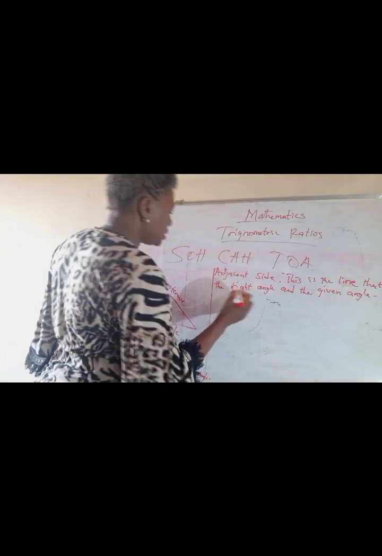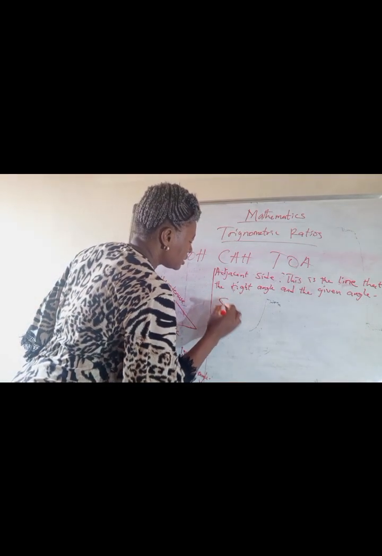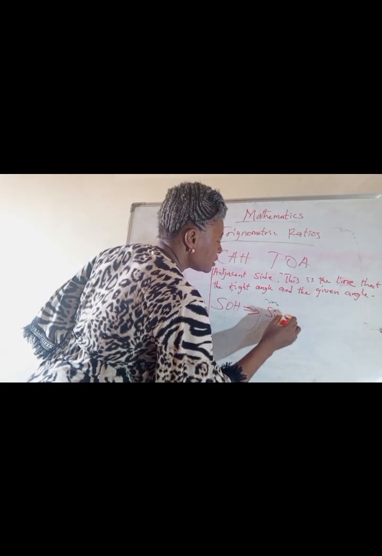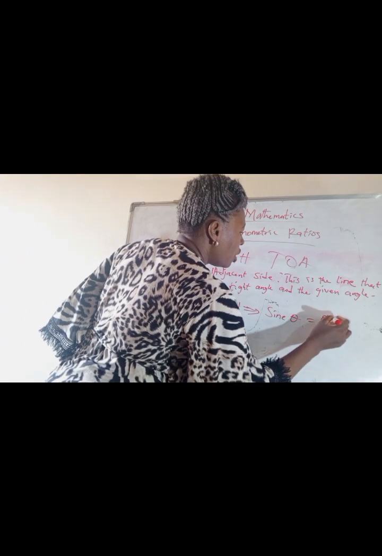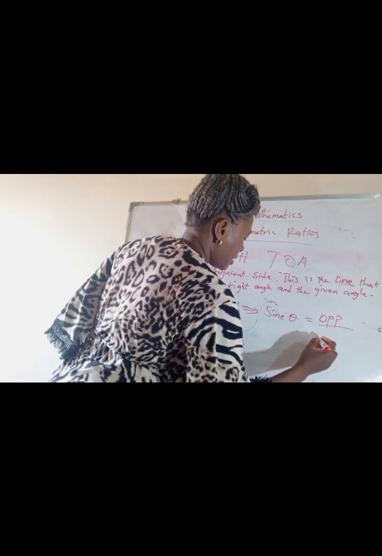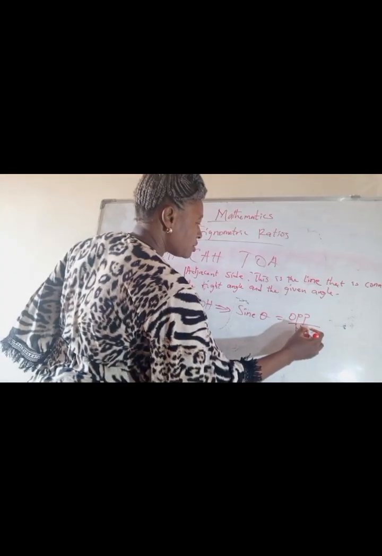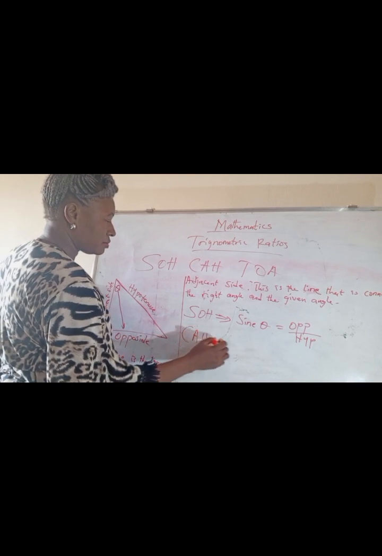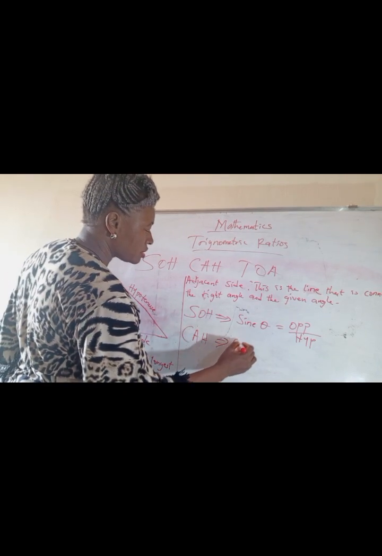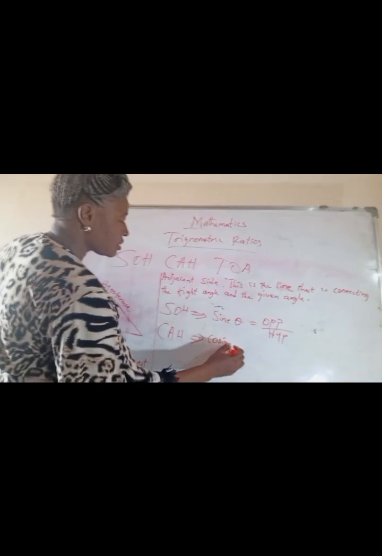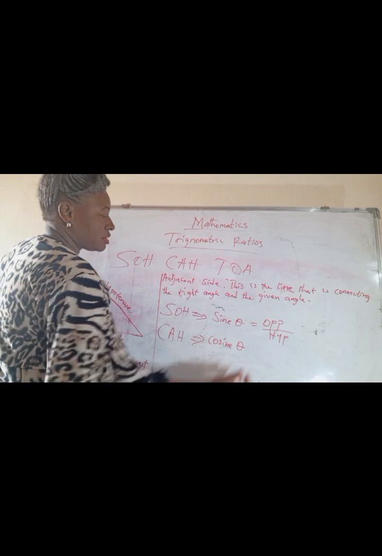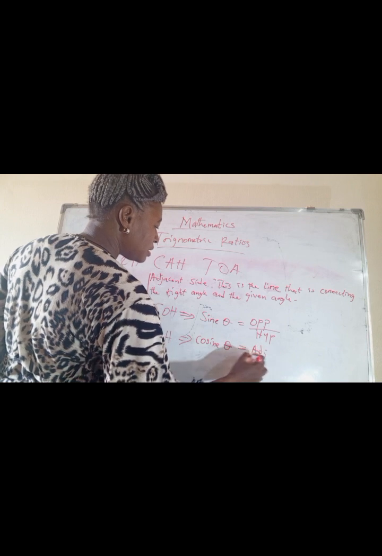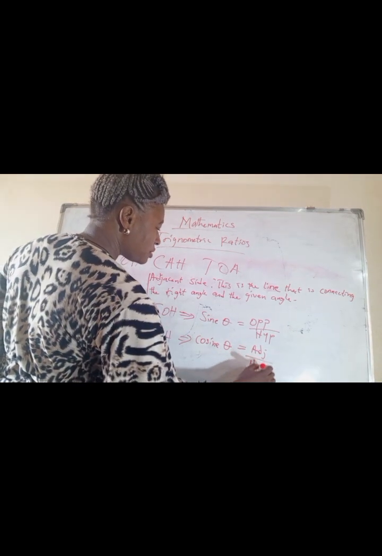So this SOHCAHTOA means: SOH is sine theta equal to opposite over hypotenuse. Then CAH is cosine theta equal to adjacent over hypotenuse.